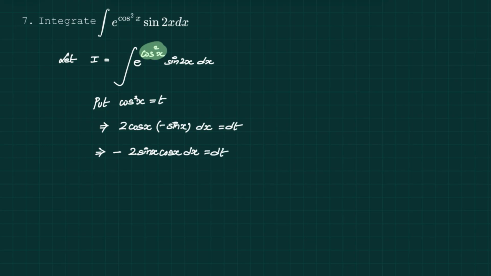Now if you see here, this 2 sin x cos x is sin 2x. So here we can write minus sin 2x dx equals to dt, and hence sin 2x dx equals to minus dt.